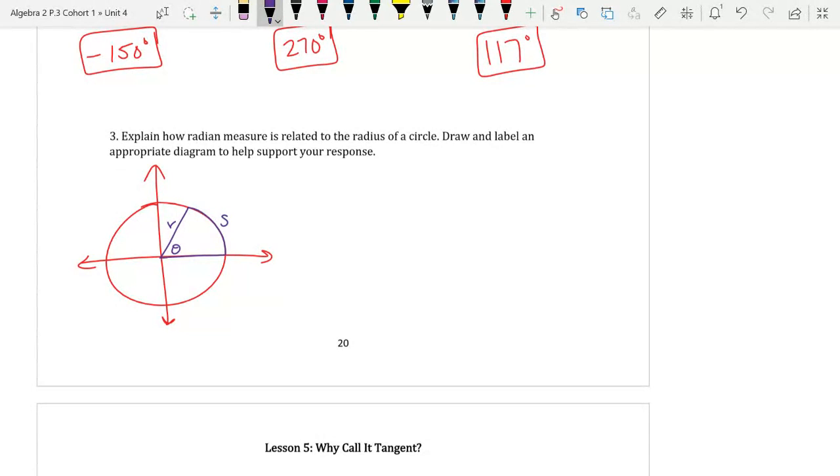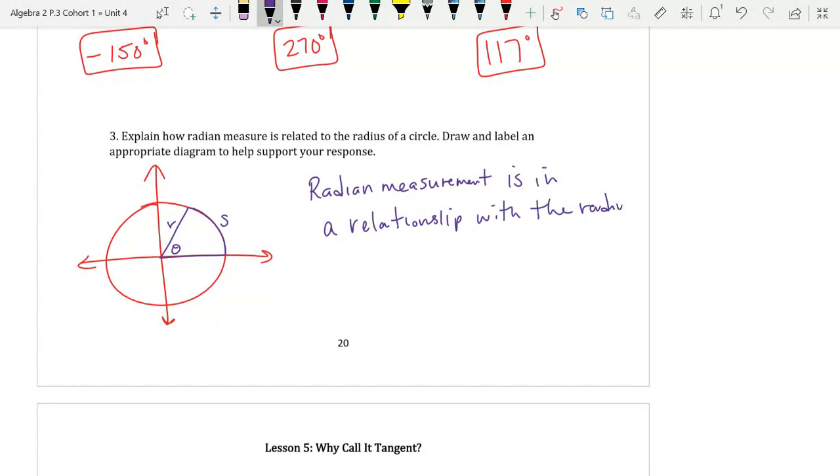So the relationship here is that the angle, or the radian measurement, is in a relationship with the radius and arc length.